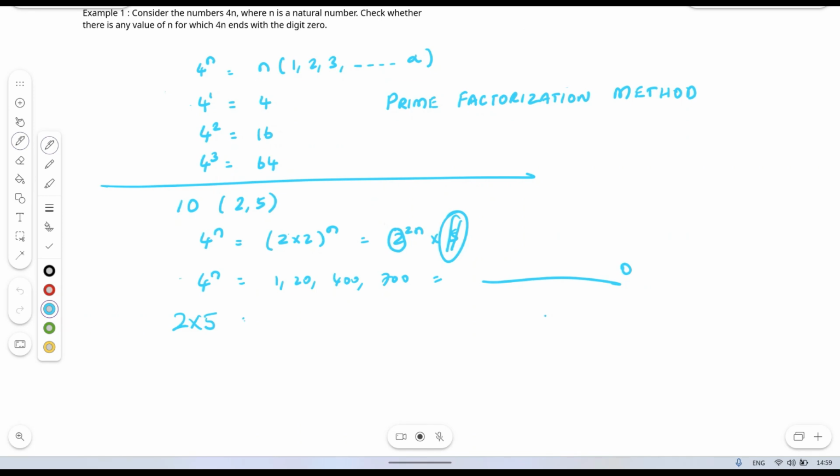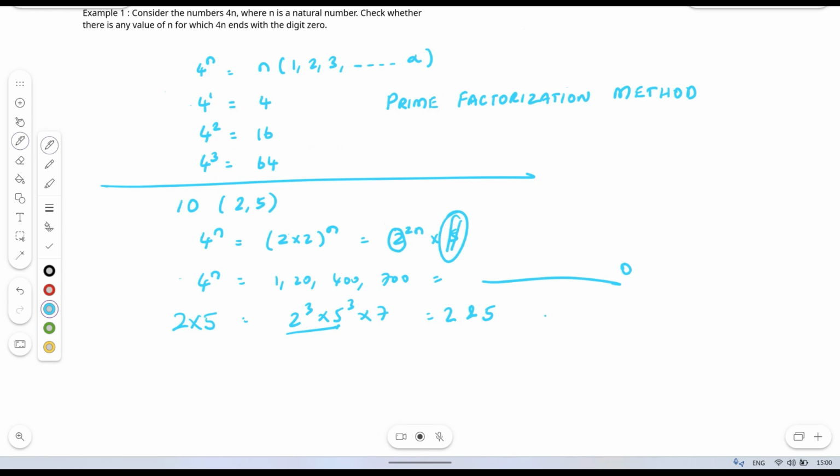It can have factors like 2 cube into 5 cube into 7, but two of these factors have to be 2 and 5. Only if it has factors 2 and 5 is that number divisible by 10, and if it is divisible by 10, then that number ends with 0.